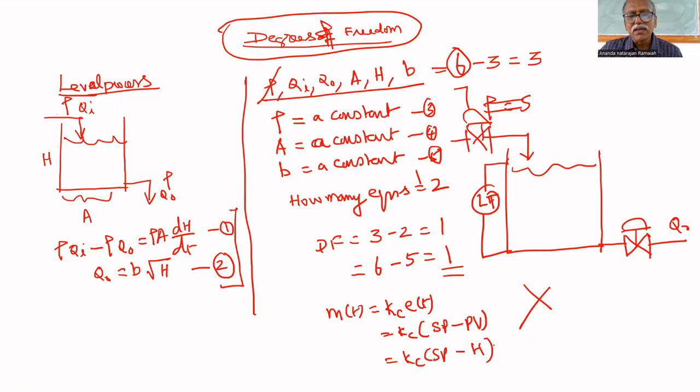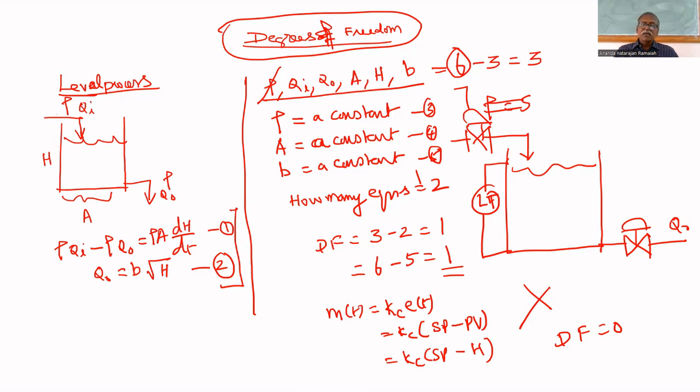Now, if you implement this, the degrees of freedom becomes 0. If you implemented one controller, then the degrees of freedom becomes 0. So you cannot implement any further controllers. The maximum number of variables to be controlled is equal to degrees of freedom.